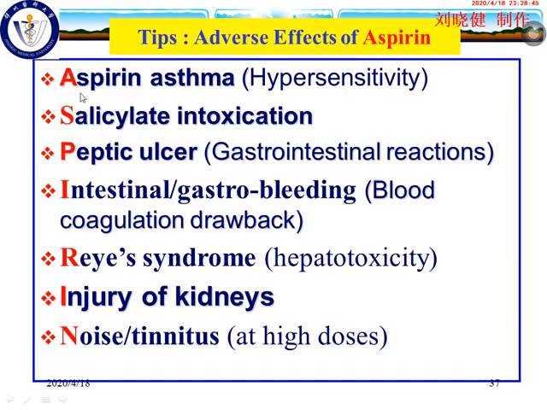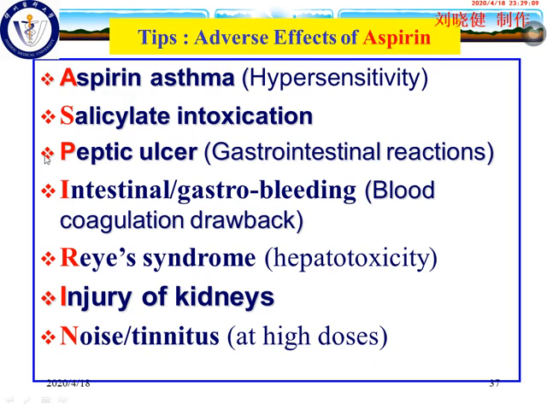These adverse effects caused by aspirin include aspirin asthma, which is one kind of hypersensitivity. And salicylate intoxication, which usually is caused by overdose of aspirin, exceeding 5 grams in a day.